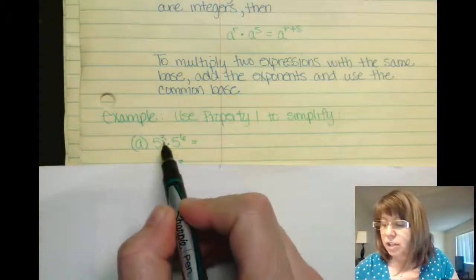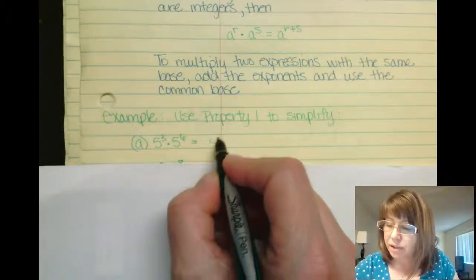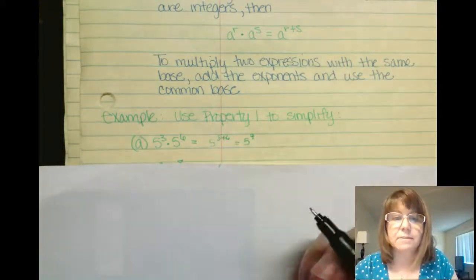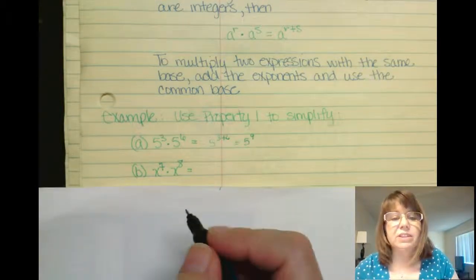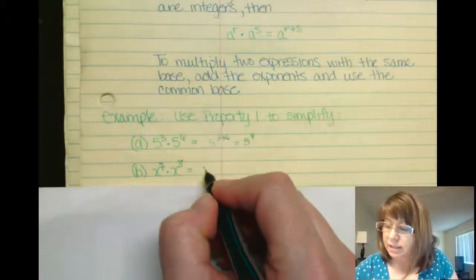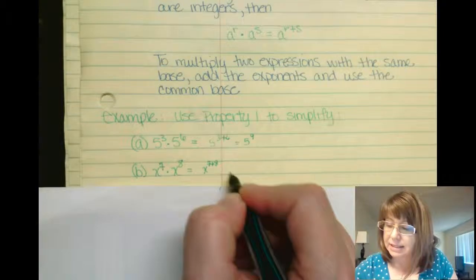So 5 cubed times 5 to the 6th would be 5 to the 3 plus 6, which is 5 to the 9th. What about x to the 7th times x to the 8th? Again, it's going to be x to the 7 plus 8.